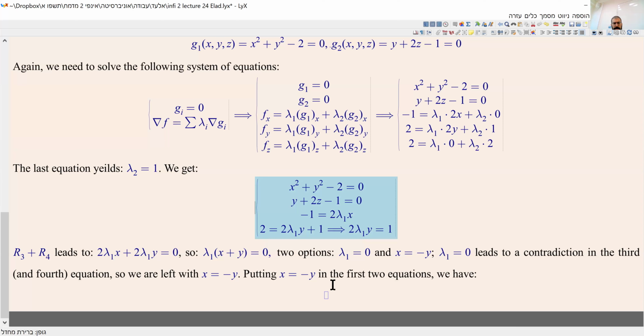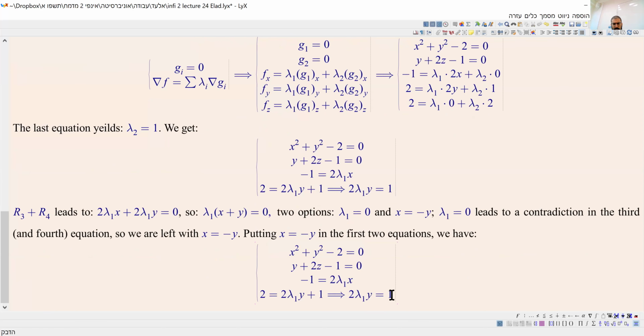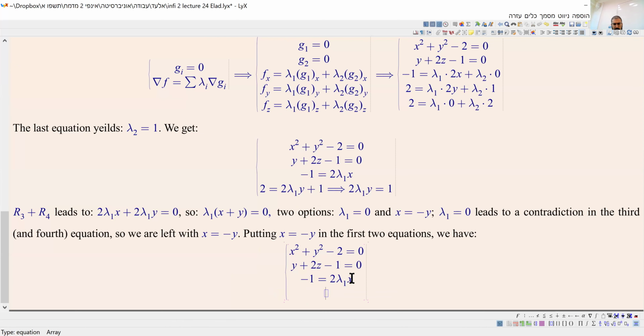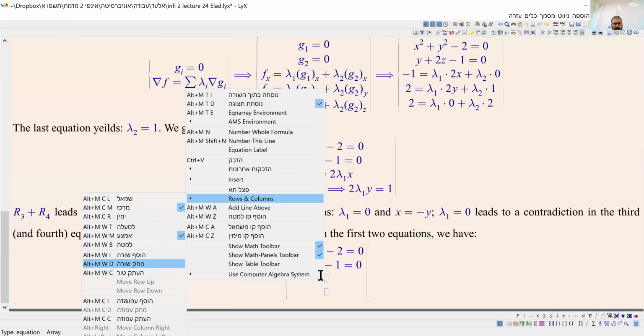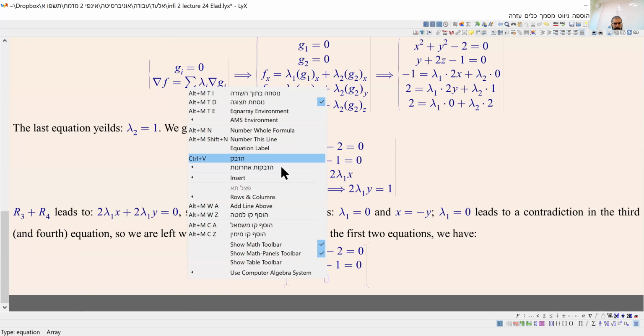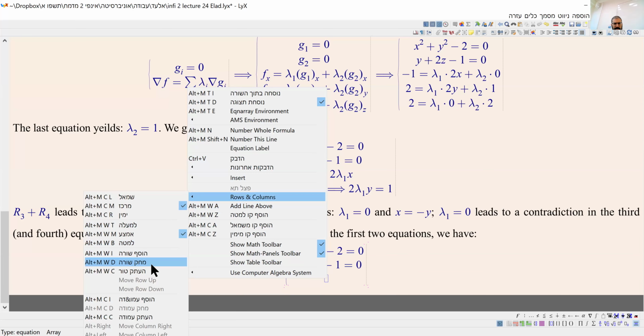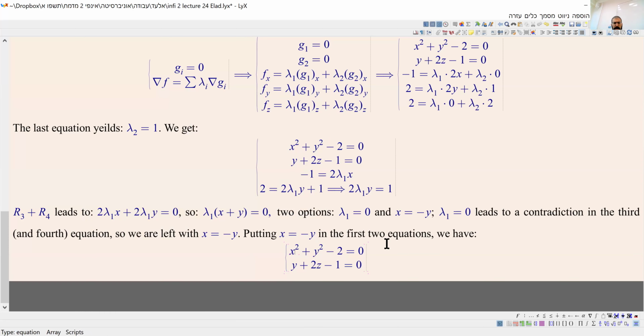What do we have here? Now x is minus y or y is minus x, whatever.